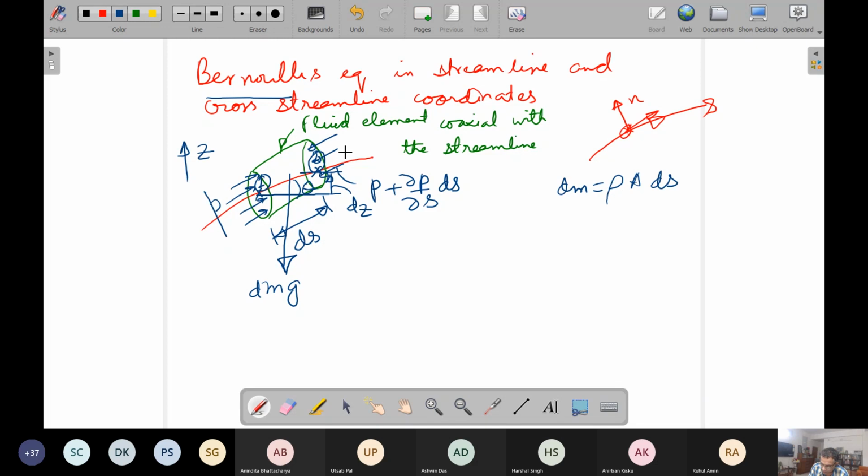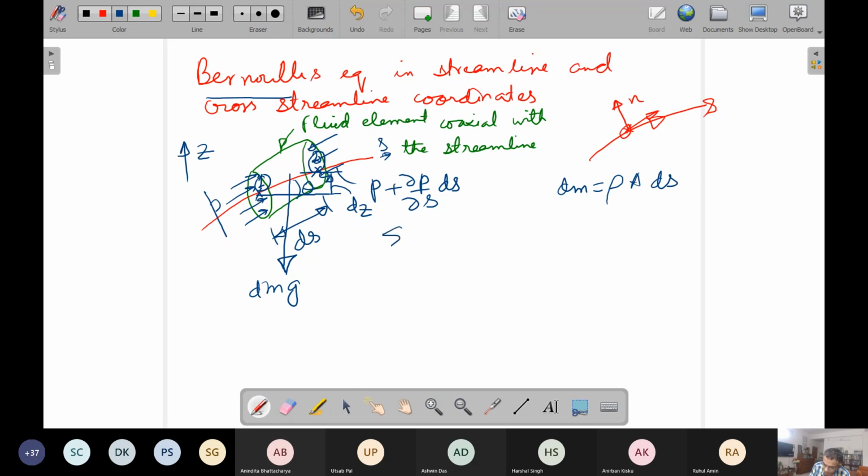Now if you write this in the streamwise direction, g is vertically downward, so it will be the sine theta component along the S direction, with a negative sign because it is in the negative S direction.